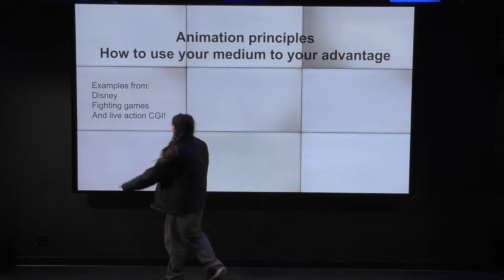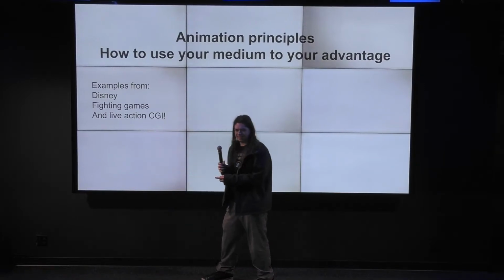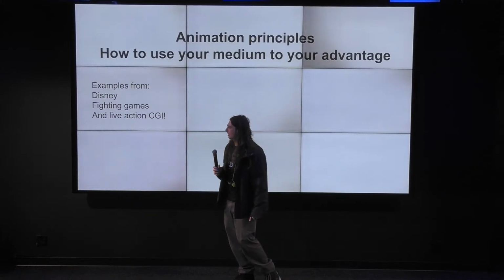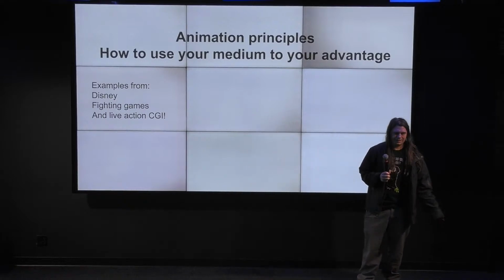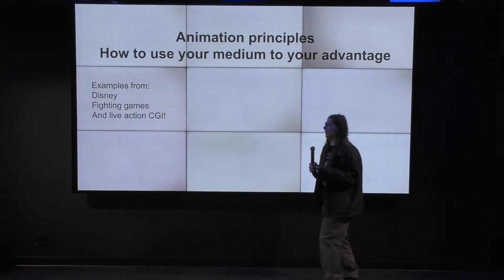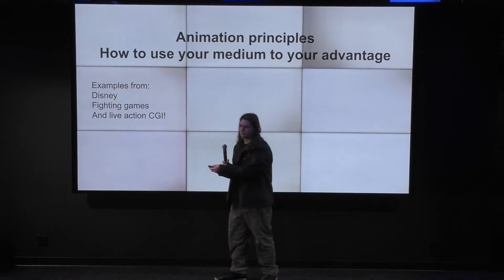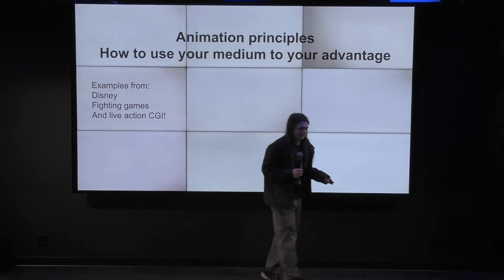The examples we eventually came up to use were the Disney 2D animation, some fighting game animation, and live action CGI. And the principles that follow them up, because these aren't just sequential styles. These things are used for completely different reasons and have to emphasize completely different parts.